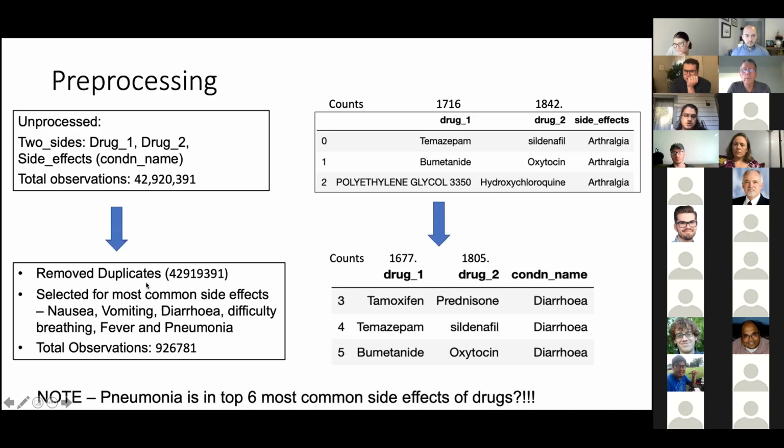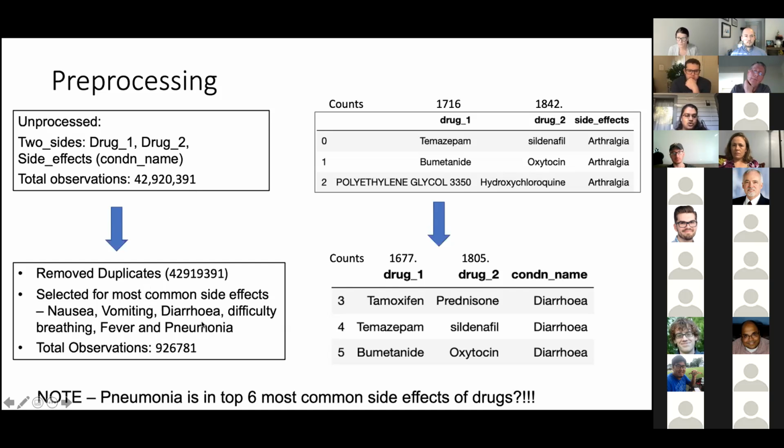There were duplicates, so I removed those duplicates and selected for the most common side effects, which were nausea, vomiting, diarrhea, difficulty breathing, fever, and pneumonia. I'm actually very surprised that pneumonia is in the top 6 most common side effects of the drugs. Again, I'm not sure if it's due to the interaction between the drugs or some kind of secondary effects.